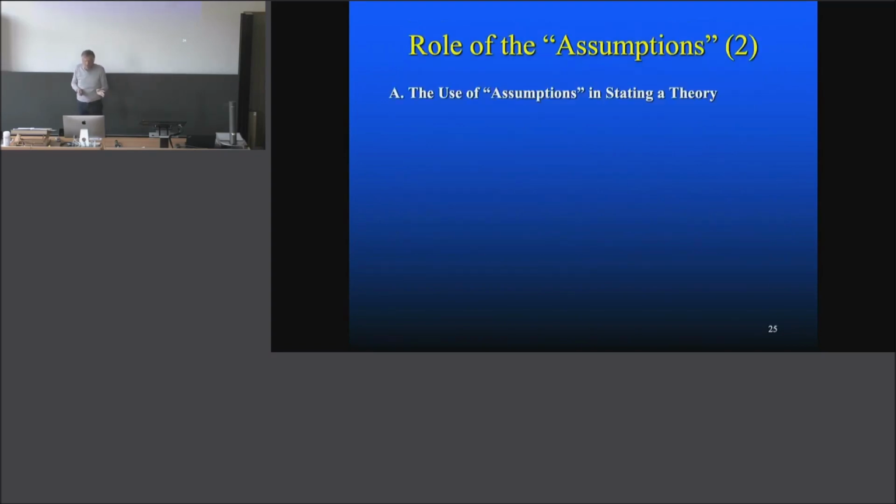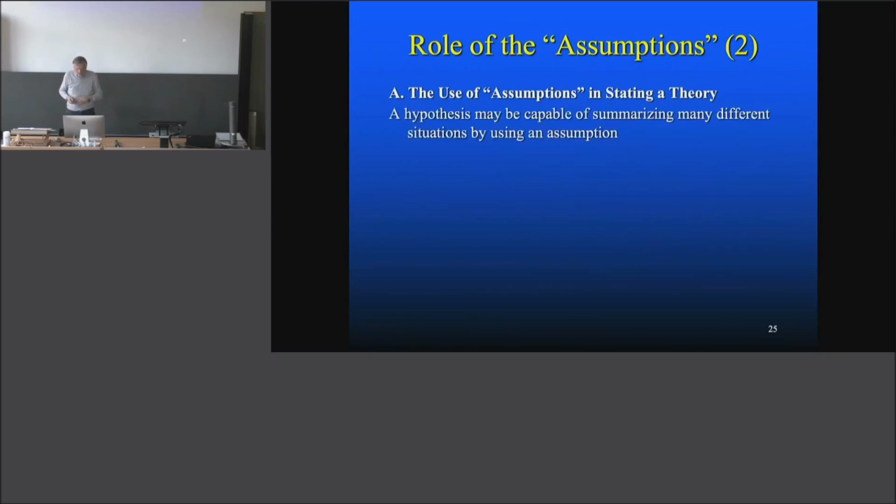Okay, let's go to these sub-units here. The use of assumptions in stating a theory, and there he says that a hypothesis may be capable of summarizing many different situations by using an assumption.